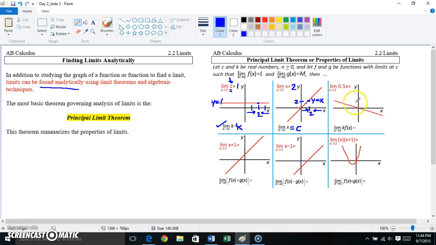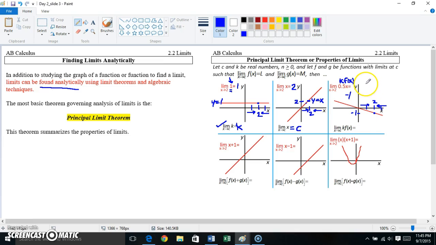The third function is made up of a constant times my function f of x, and in this case my function f of x is x. So it's this function over here, y equals x, but I've multiplied it by a half. As we approach 2 from the left, the y value on this function is going to be -1. As we approach 2 from the right, the y value will be -1.